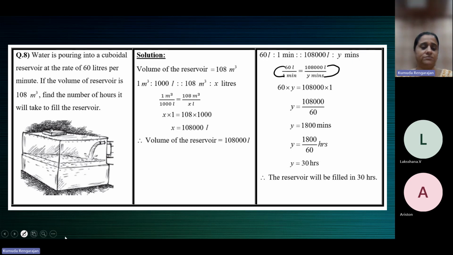Y minutes. Cross multiply. 60 into y is equal to 108,000 into 1. So y is equal to 108,000 by 60. So many minutes. And to convert it to hours, you should divide by 60. And that gives you 30 hours. So the reservoir will be filled in 30 hours.